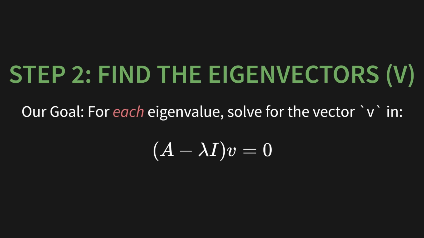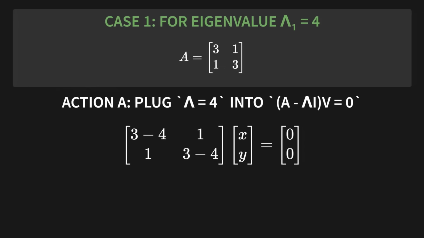Now for step 2. Find the eigenvectors v. Our goal here is simple. For each eigenvalue we just found, we need to solve for the vector v in our other key equation, A minus lambda I, all in parentheses, times v equals 0. Let's start with case 1.